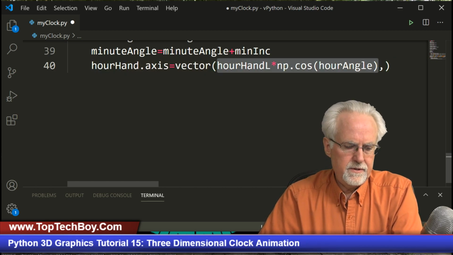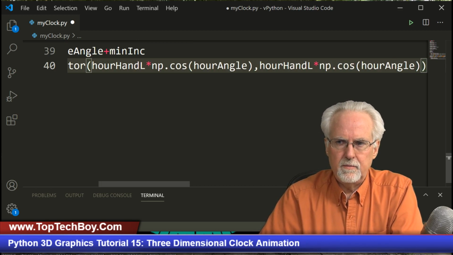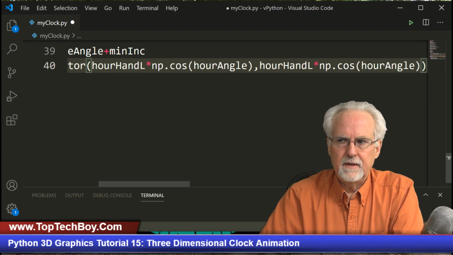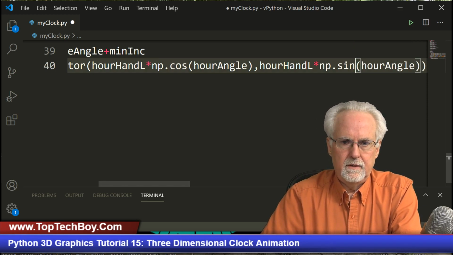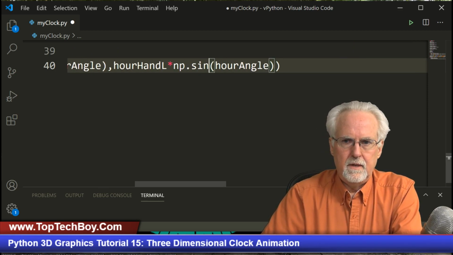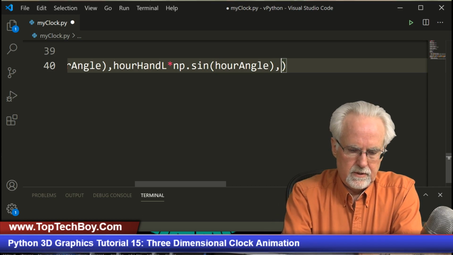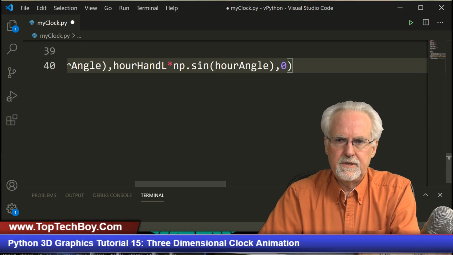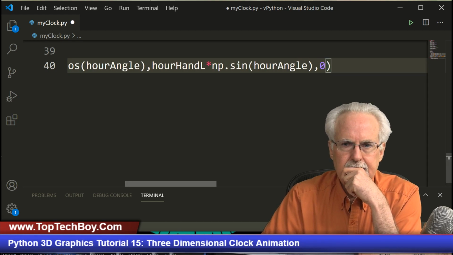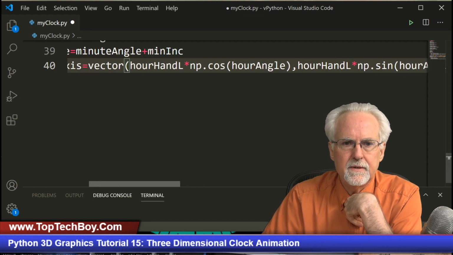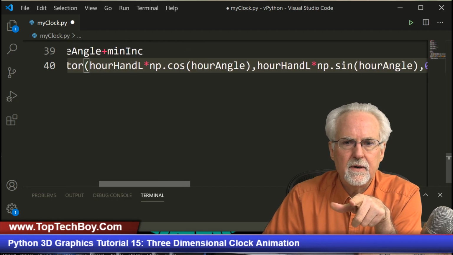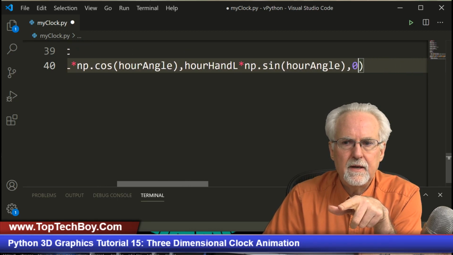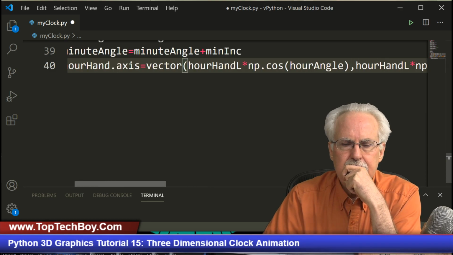And if you don't understand this, go back 2 lessons ago, because I explained it exhaustively. But now instead of the cosine, this one's going to be the sine. And then it is going to be 0 for the z. Okay, so that's the vector: hour hand, sine, and then 0.